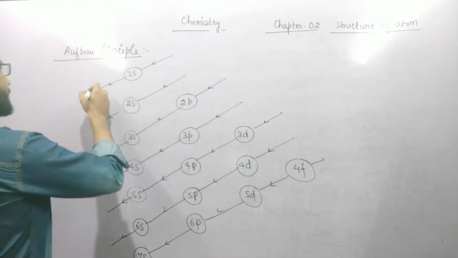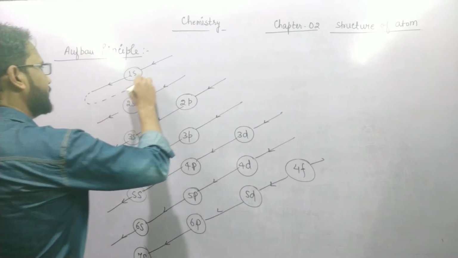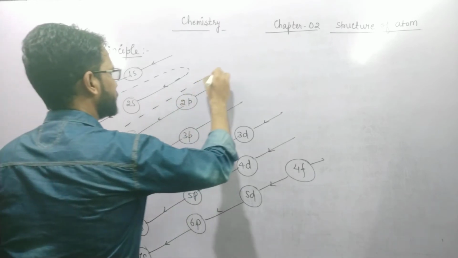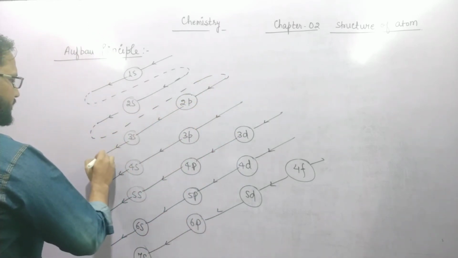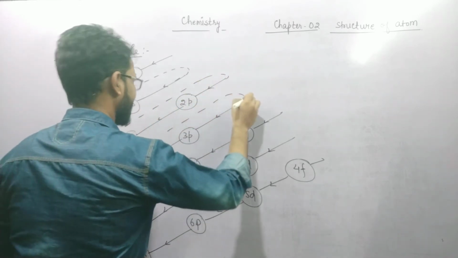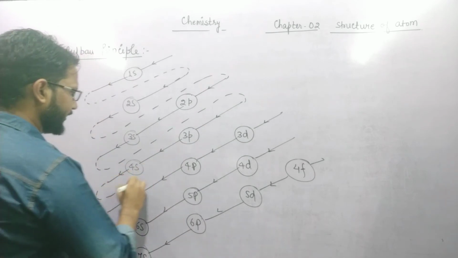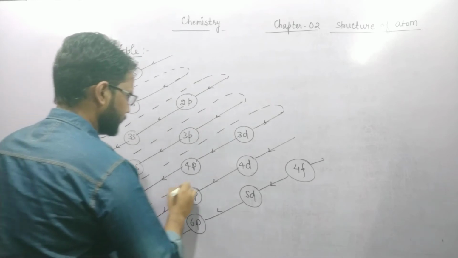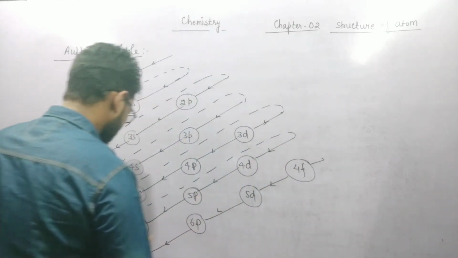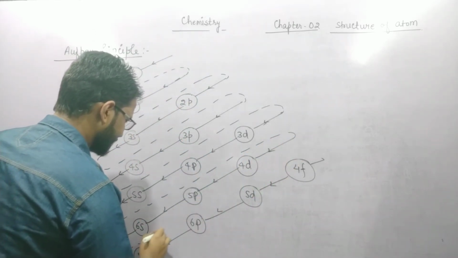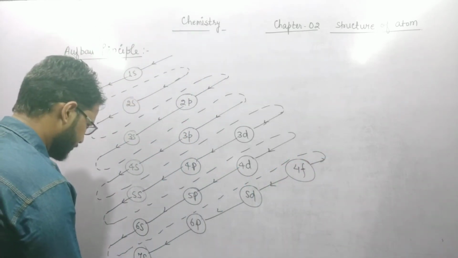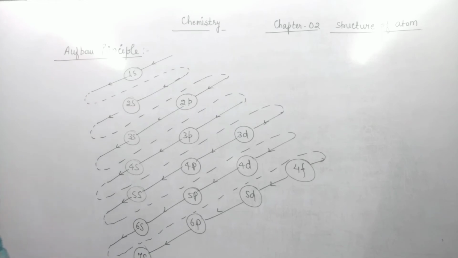Now see the matchup: 1s to 2s, 2s to 2p, 3s to 3p, 4s to 3d, 5s to 4d, and in the last 6s with 4f. So this is the increasing order of energy.